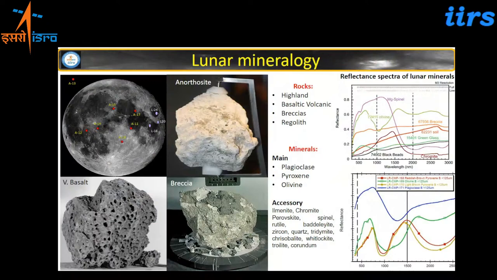Then the third category is breccia rocks. These are formed by impact processes. As you can see on the surface of the Moon, various circular depressions have been formed, and these large depressions are formed by impact cratering. So impact cratering has not only resulted in the generation of these depressional features, but also in crushing and melting of the primary crust of the rock.